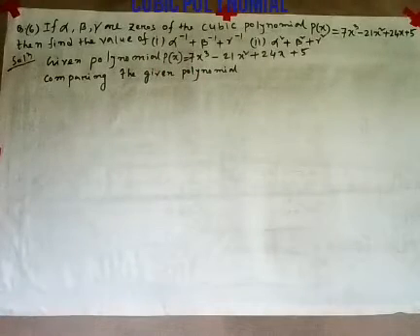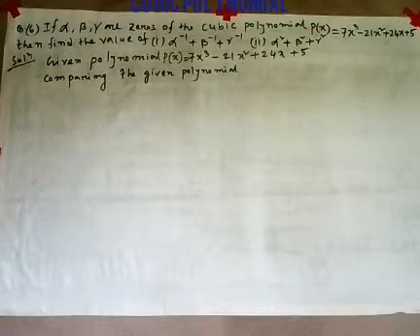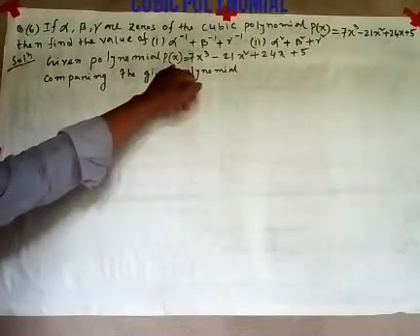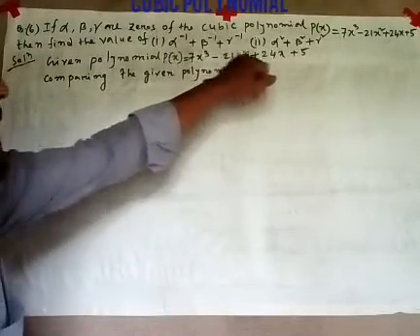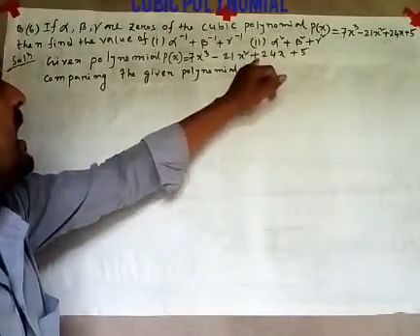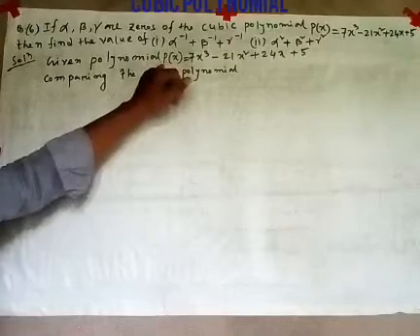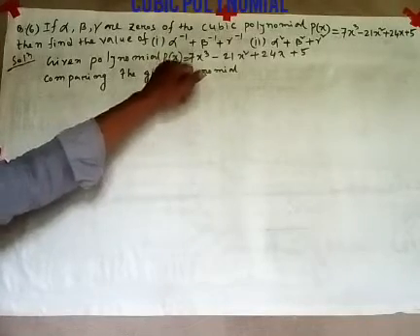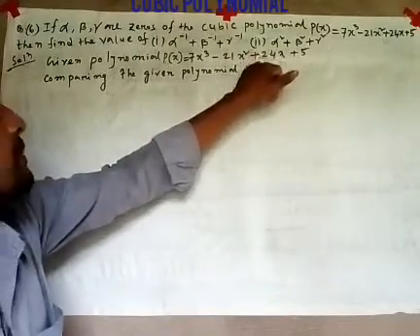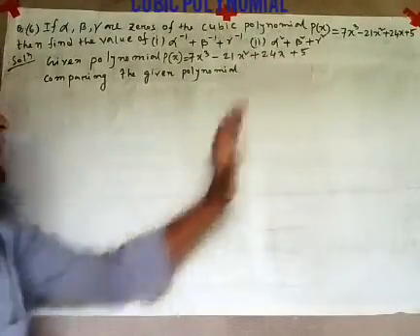You can write g(x) also, whatever you want, no problem. If there is t, then we write p(t), if t cube like that. If there is r, then we write function of r, p(r), then here will be 7r cube minus 21r square plus 24r plus 5, like that.